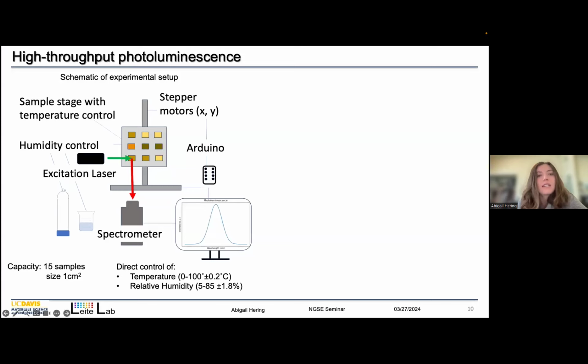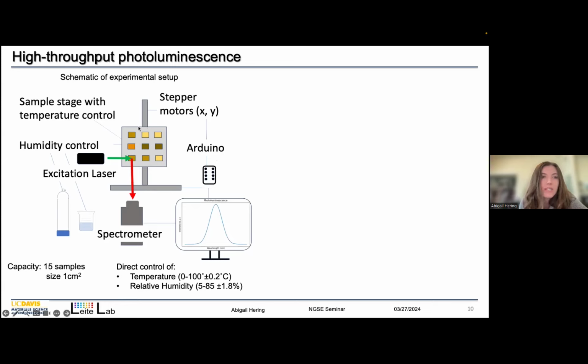So the experiments are high throughput photoluminescence. And here's a schematic of my experimental setup. So we have the sample chamber with temperature control. The perovskite thin films go inside the sample chamber. And then this sits on two stepper motors that are controlled by an Arduino.